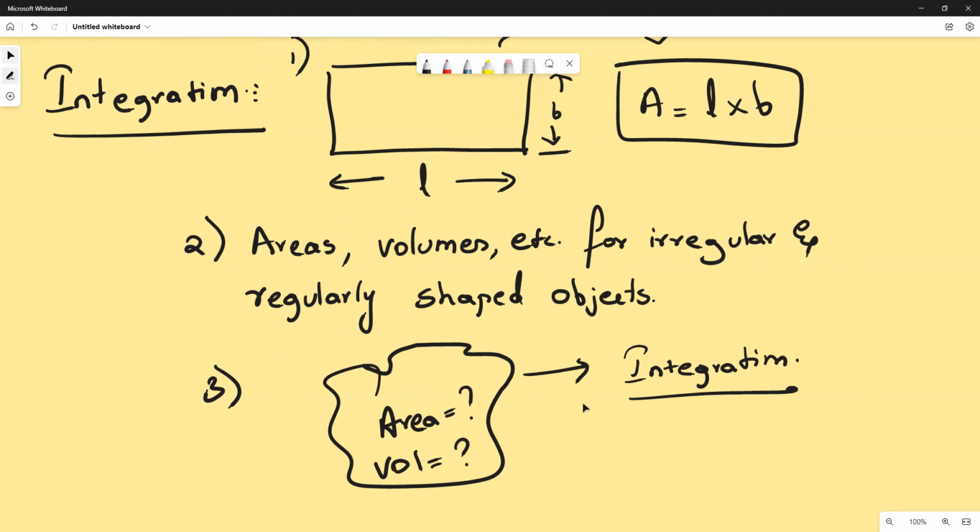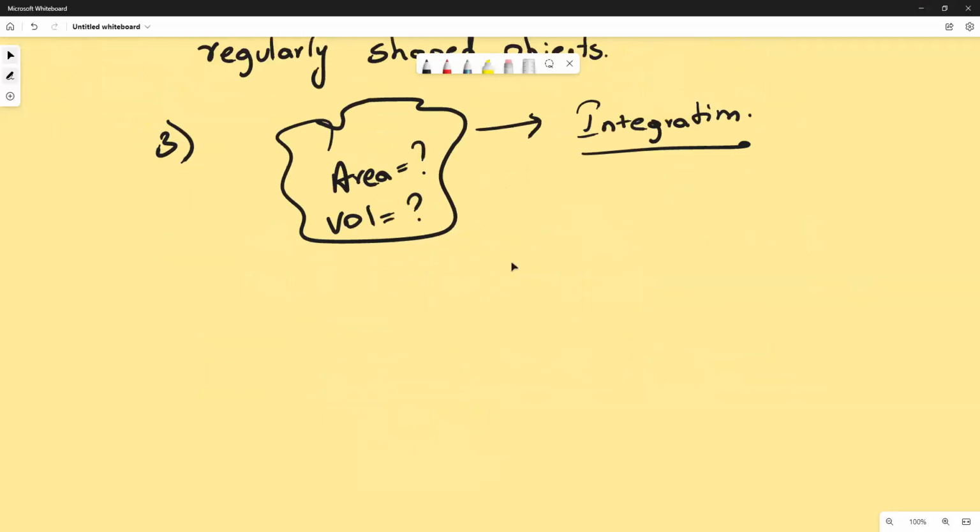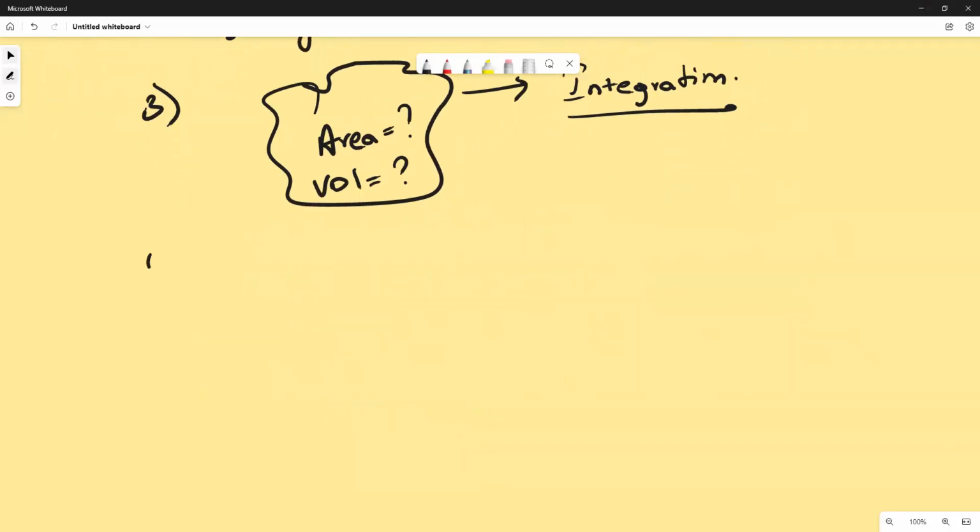The question is, how do we represent integration in mathematics or science? We basically use an elongated S. The S denotes integration.